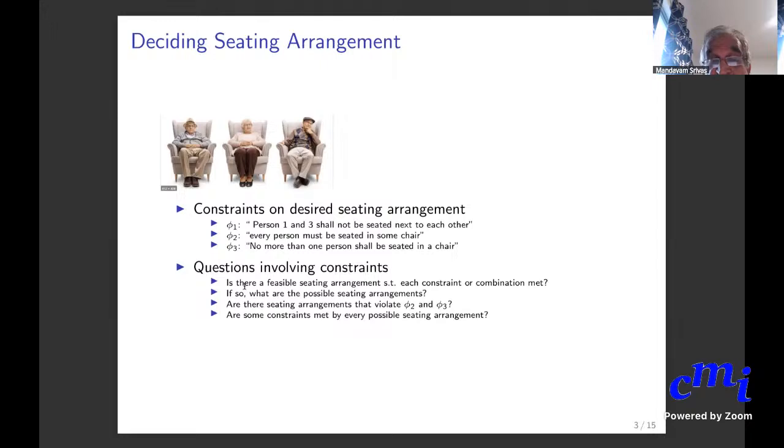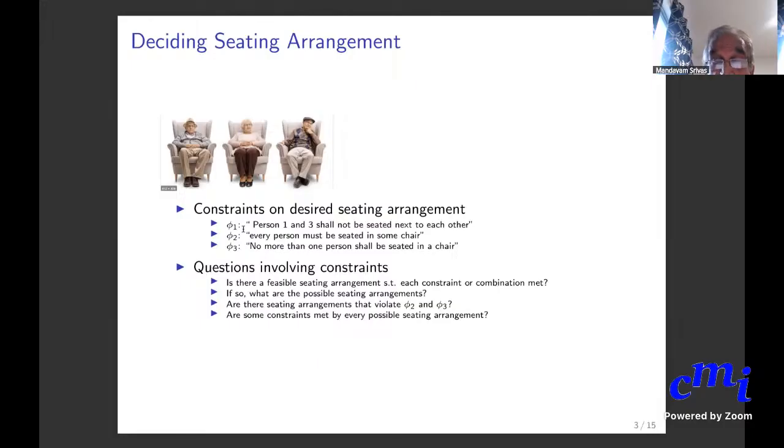You can ask the question, is there a feasible seating arrangement such that each constraint, or a combination of all the constraints, are met? That is a satisfiability question.